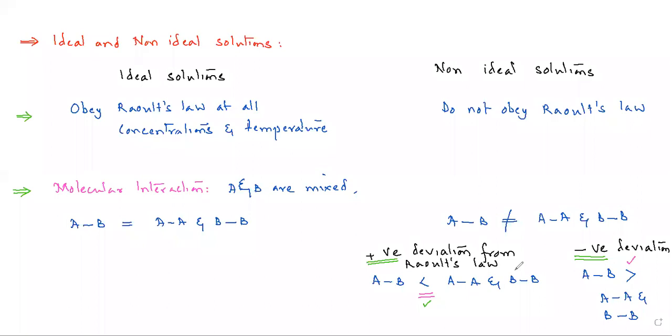And if the interactions are more, then we call it negative deviation. Let me give you some examples for positive and negative deviation, and let me show you what happens when two different liquids are mixed. After that, we'll see the other properties.